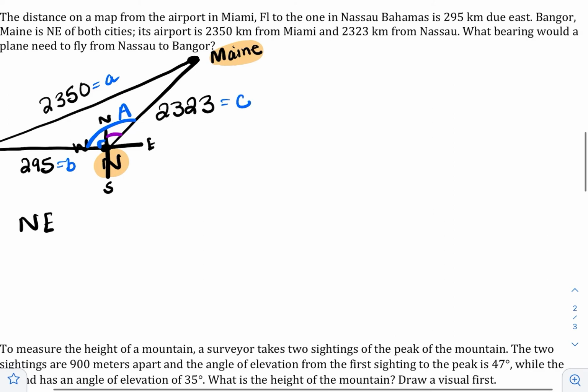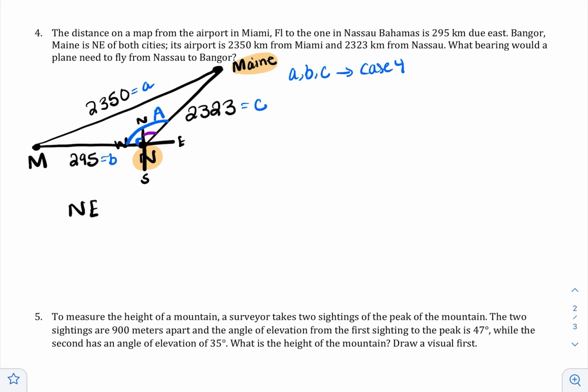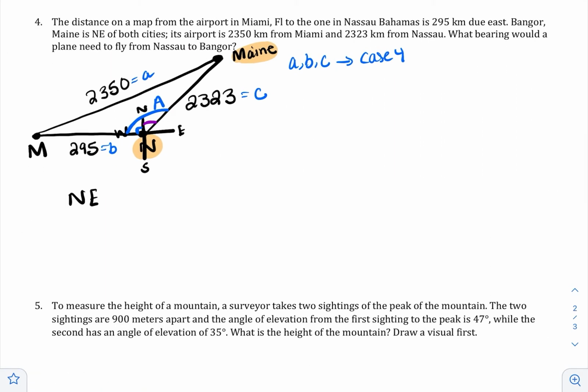So if I have little a, little b, little c, I am in case 4. When I have 3 sides, that means I need to use the law of cosines. So I'm going to solve for A by using a squared is equal to b squared plus c squared minus 2bc cosine of A. So now I'm going to plug in.